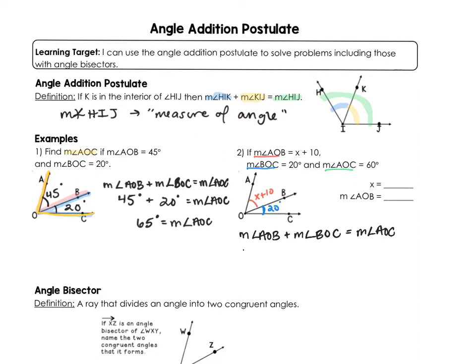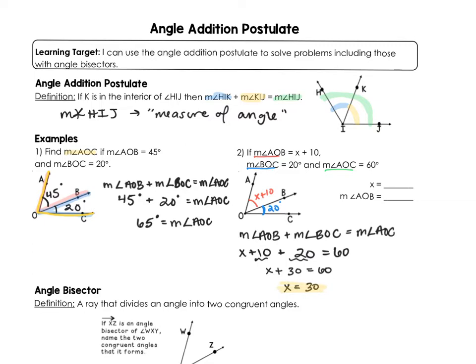So the measure of angle AOB is x plus 10. The measure of angle BOC is 20. And the measure of angle AOC is 60. So to solve this equation, I'm going to combine my like terms. So x plus 30 is equal to 60. So I would subtract 30 on both sides, and x is equal to 30.